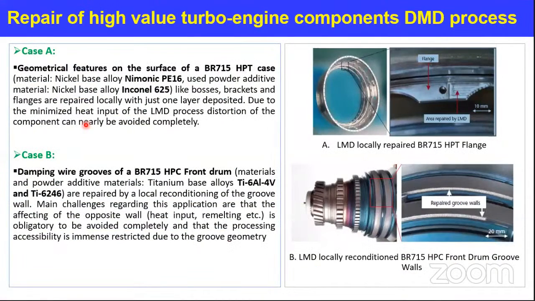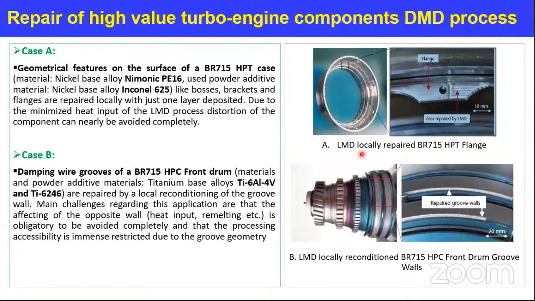Okay, there is another application, where turbo engine components are typically made out of different sectors. This is a high pressure flange, where it would be worn out at this location, and which can be repaired with ease with laser metal deposition or direct metal deposition.